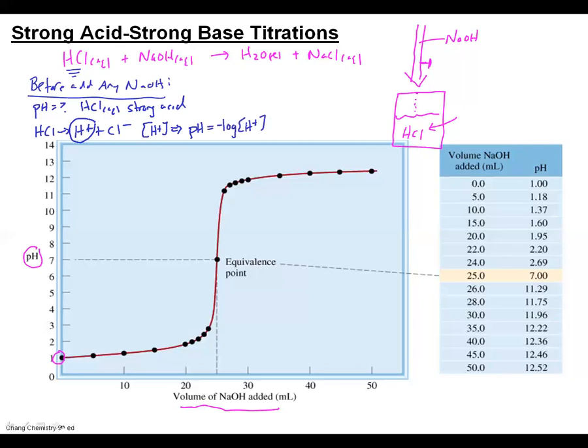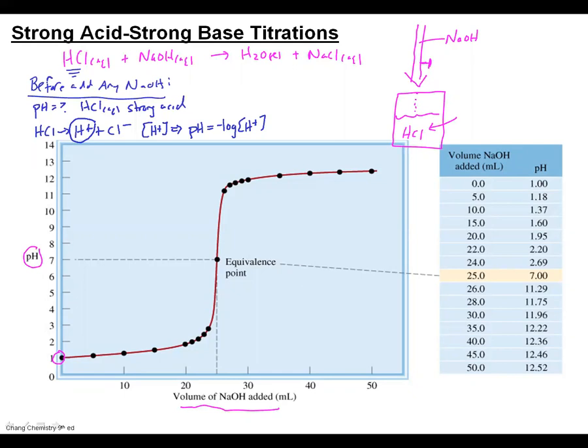And we can get the initial pH of this solution before we add any sodium hydroxide to it. So again, if you start in this titration, you can get the opening pH by taking the strong acid and going right into the pH equation, because that will be the H+ concentration.